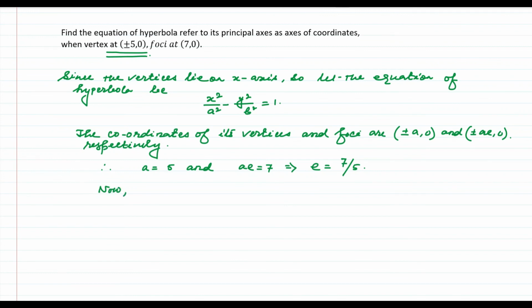So b squared equals a square into e square minus 1. We know this relation. Putting the values, we are getting here 25 into 49 by 25 minus 1. After calculating, we'll be getting here 24.